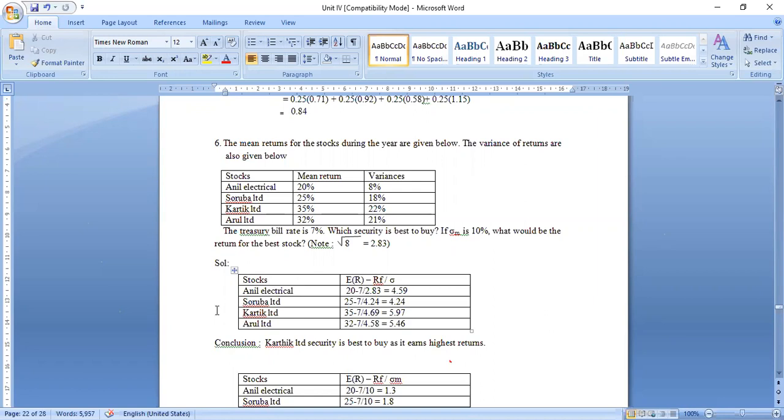We will use the mean return, which is the expected return, and the variance, from which we find the risk in terms of standard deviation. Then we have the risk-free rate of return over and above the market return, and that will help us find out the level of systematic risk. And then we have the market risk, which we will consider for the second part of the problem.